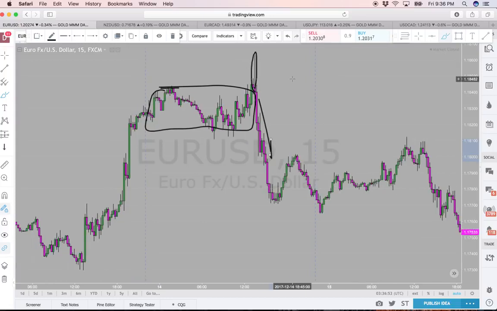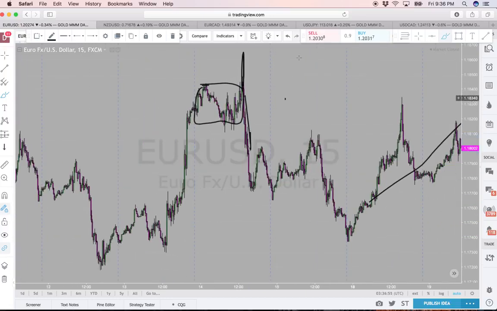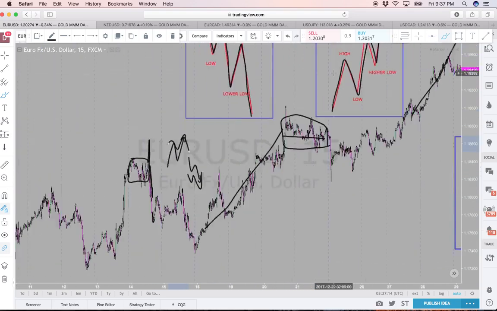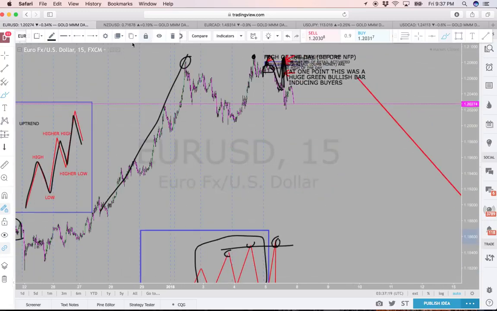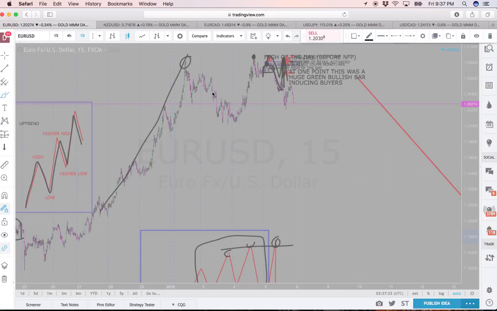So this M formation, like we said, it is used to induce long. The exact opposite for the W formation. It is used to induce short. W, M. Now, let's check up on a. Oh, and also, here's a good example of the macro.